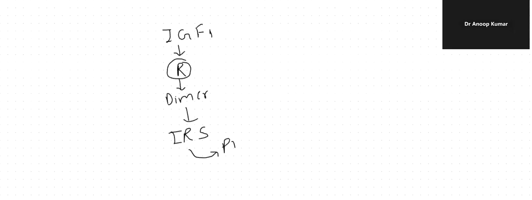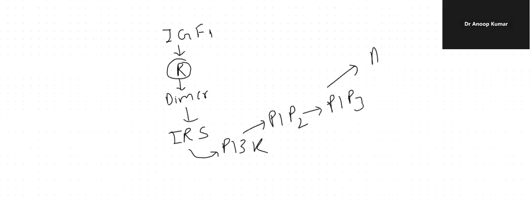PI3K, phosphoinositol 3 kinases. Phosphoinositol 3 kinase is going to do the phosphorylation of PIP2 into PIP3, right? PIP3 is going to activate your AKT, protein kinase B. AKT is going to activate your mTOR, mammalian target of rapamycin.